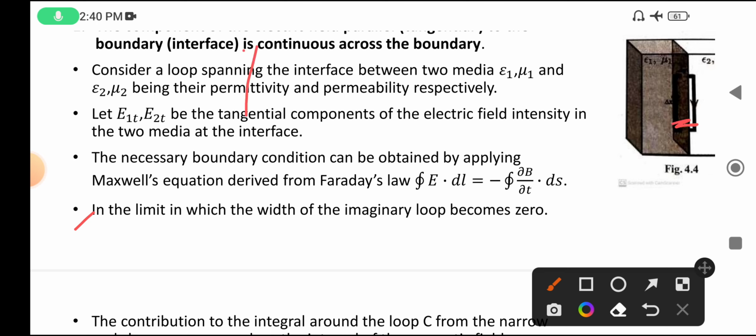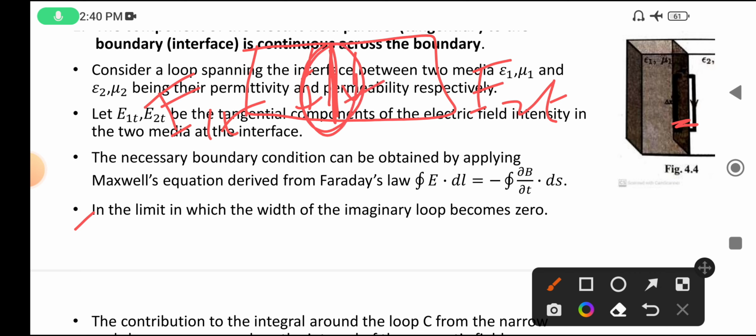Once again, let this be a boundary, with the electric field on either side. On this side the electric field is E1t, and on this side it is E2t. If you consider a small loop here and compress it, it becomes very narrow and its area is 0.